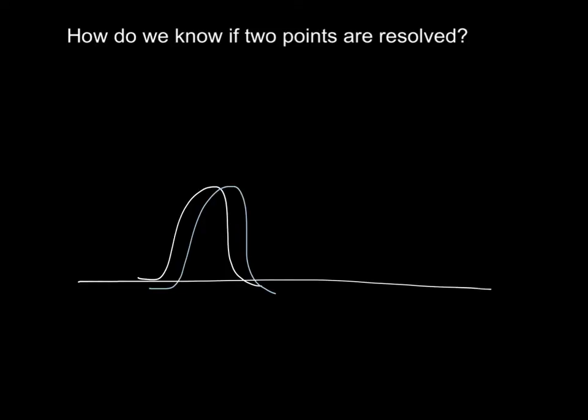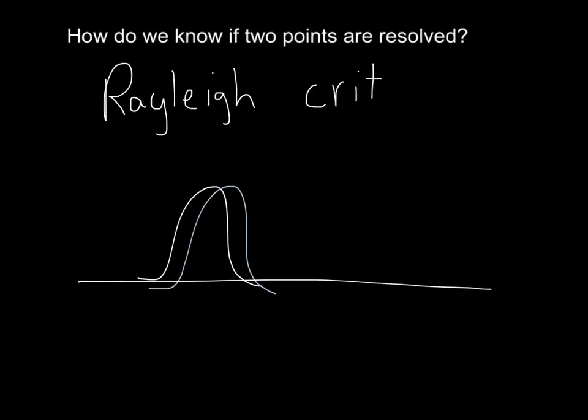And what physicists use is something called the Rayleigh criterion. This is a criterion that was, of course, invented by Rayleigh, who was a very famous physicist that dealt with optics. So his criterion actually makes quite a bit of sense.